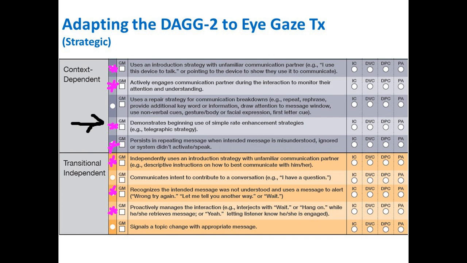If they're not able to do that during your evaluation and trial independently on their own, that may be a good goal for you to go ahead and add to their treatment plan: how can I help them increase the rate of their message and have more than one strategy.